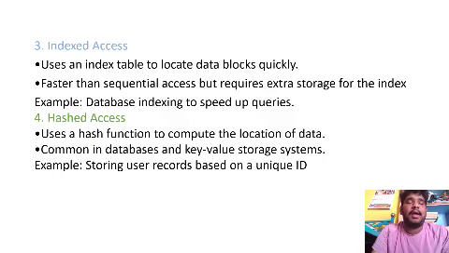Fourth one, hashed access. It uses hash functions to compute the location of data, common in databases and key-value storage systems. Example of hashed access: storing user records based on a unique ID.